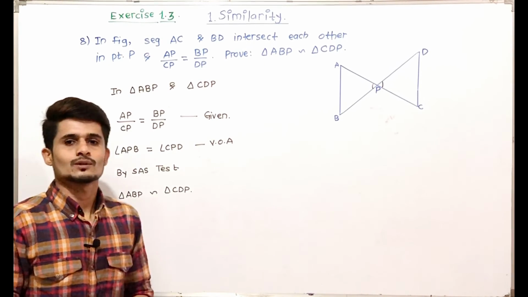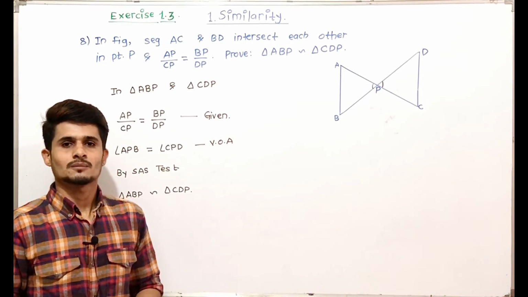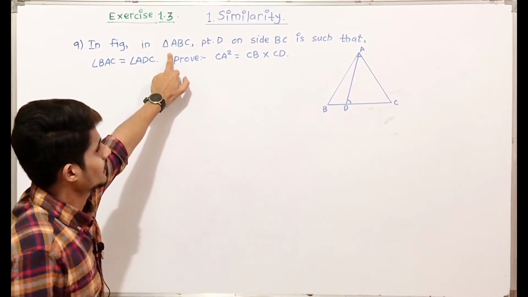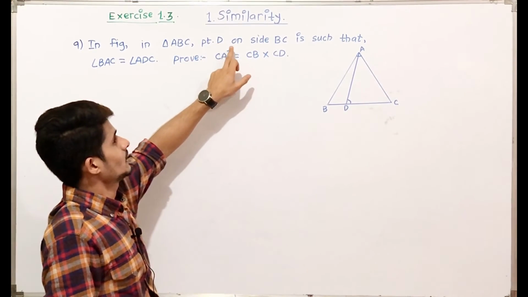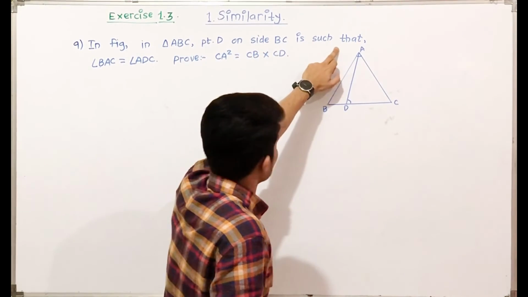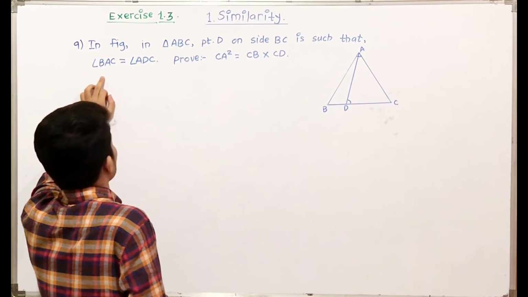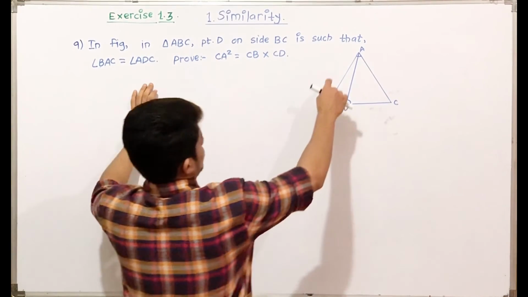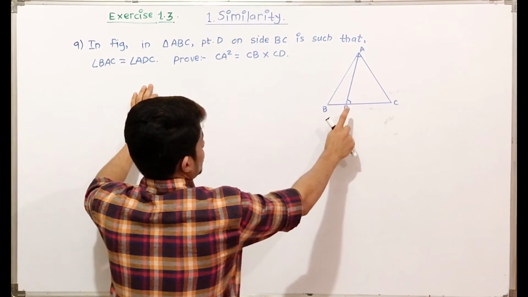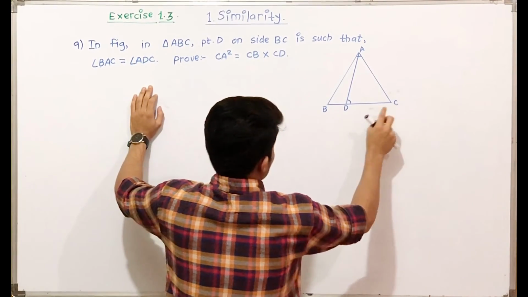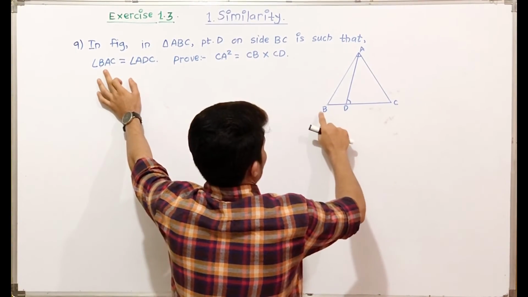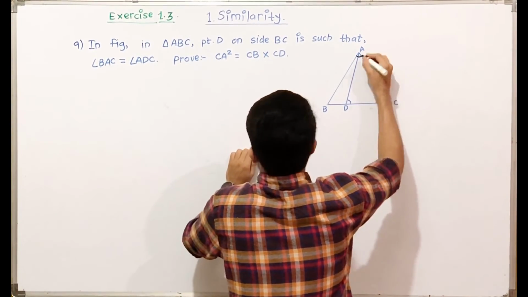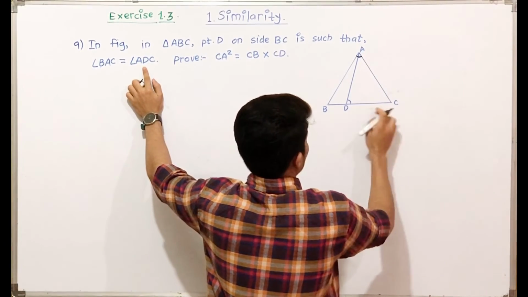So this was question number 8. Similarly, we'll see question number 9. In the figure, in triangle ABC, point D is on side BC such that angle BAC is equal to angle ADC.